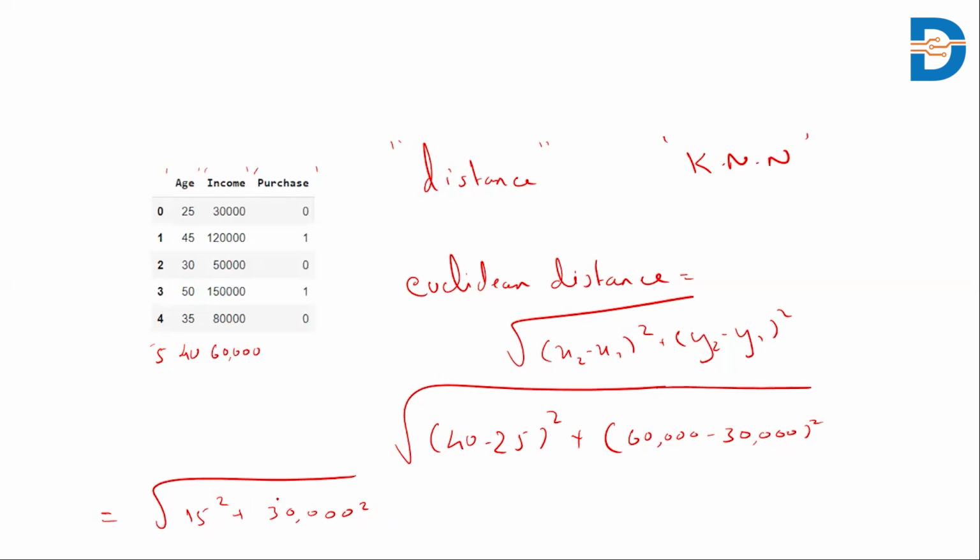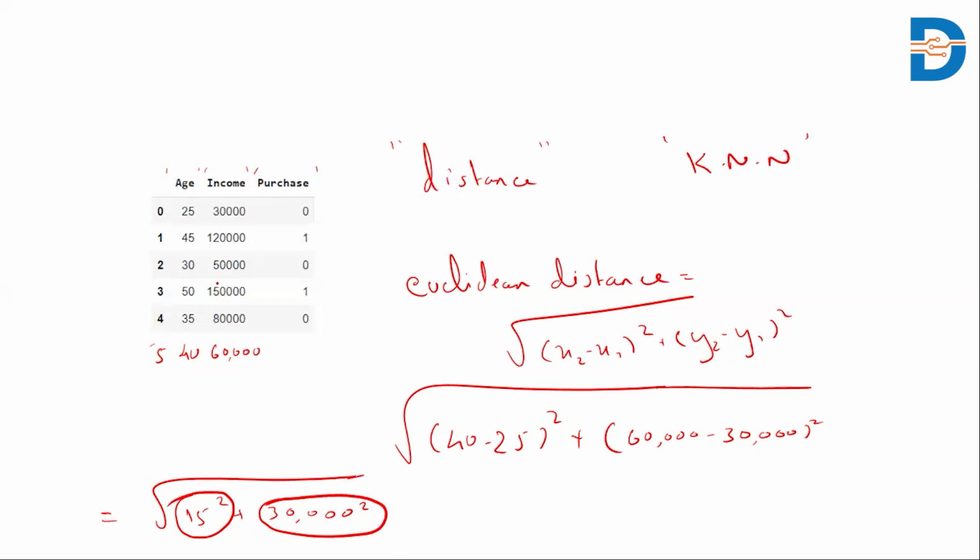Whatever this result is going to be, I want you to understand that the contribution made by the age factor over here is 15 square units. On the other hand, the contribution being made by the income factor is 30,000 square units. That difference alone should give you a good intuition as to what the problem is.